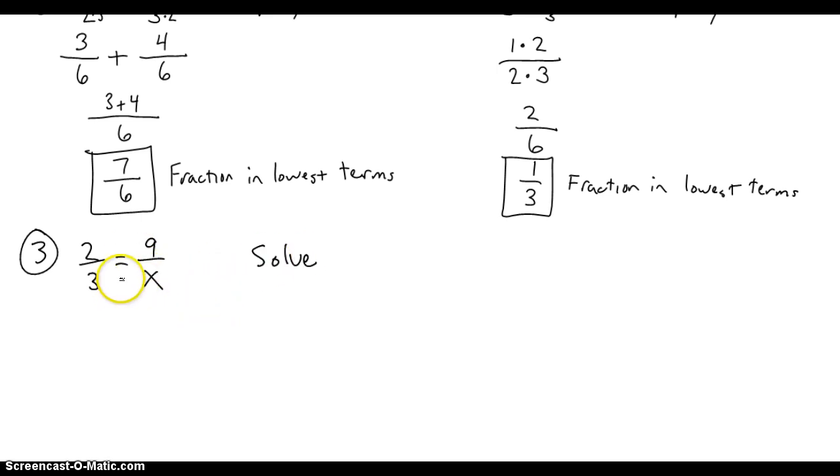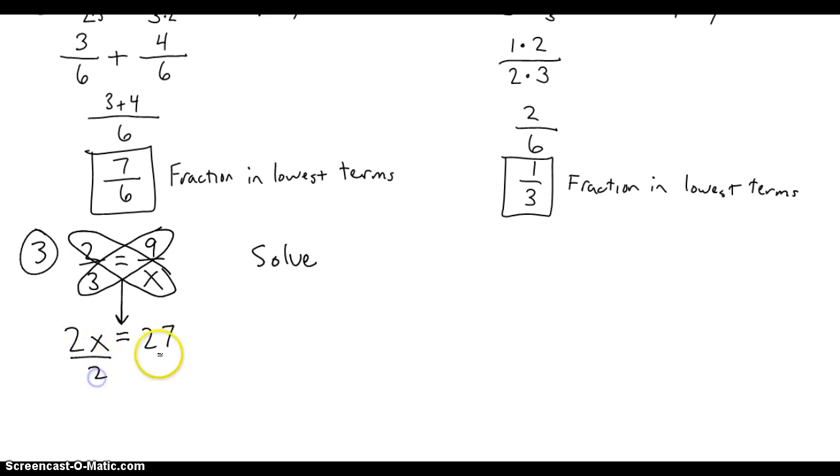To cross multiply, I'm going to drop my equal sign straight down. I started with an equal sign. I want to keep an equal sign. I'm going to take the numerator times the denominator, 2 times x, and the denominator times the numerator, 3 times 9. Now at this point, I'm going to solve for x.